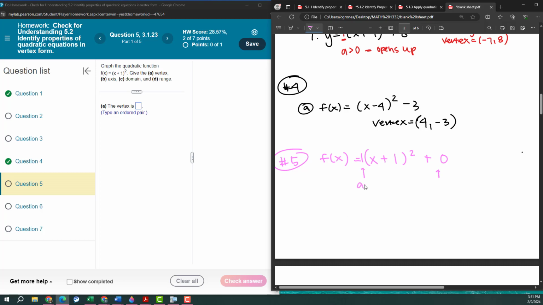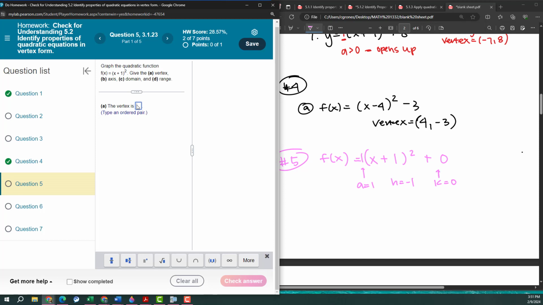So A equals 1. H equals -1 because remember it's x minus h. And then K equals 0. So on this one, our vertex would be -1, 0.